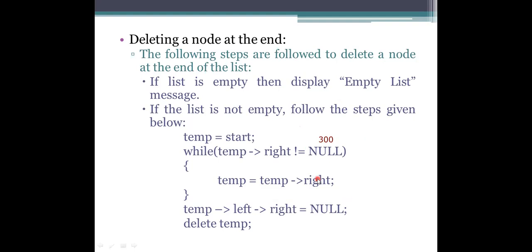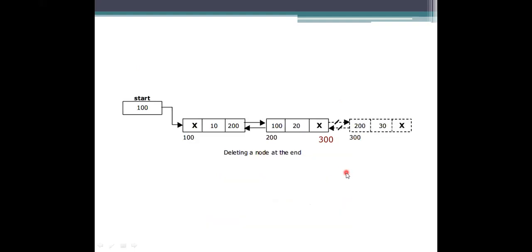In this representation, we are checking whether our values are null or not. If so, we need to specify which node to delete. So here I need to check the right side of the node.